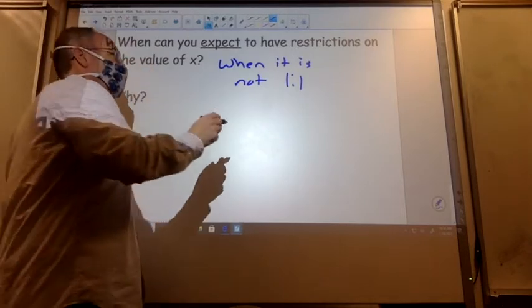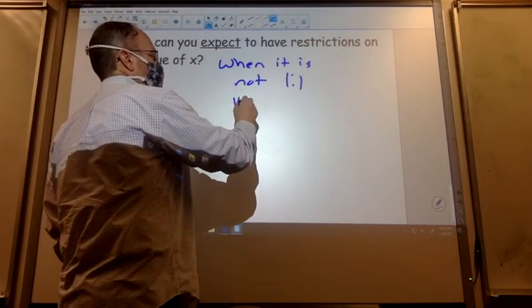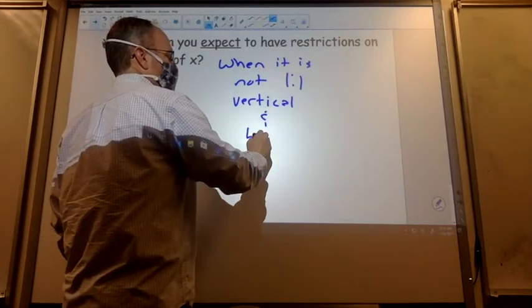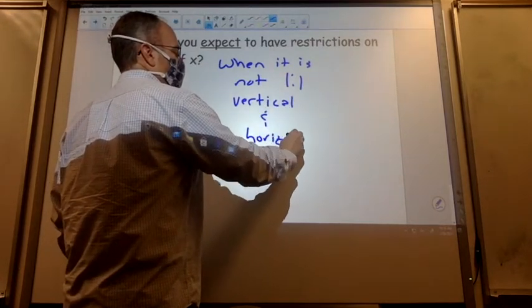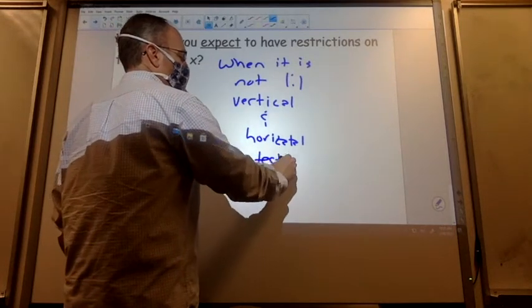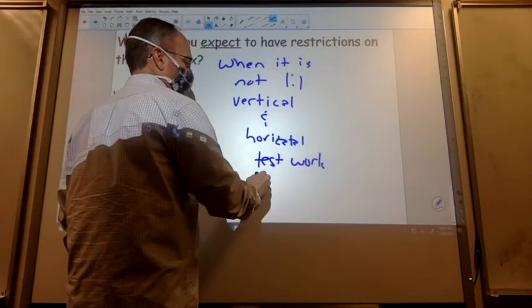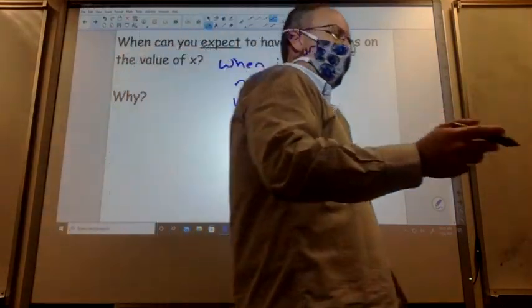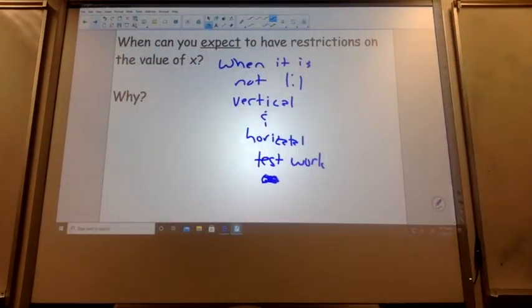One-to-one means that the vertical and horizontal test work on both. What if I'm not looking at a picture? How can I decipher if it's going to be correct? It's not one-to-one, vertical, horizontal, vertical line test.